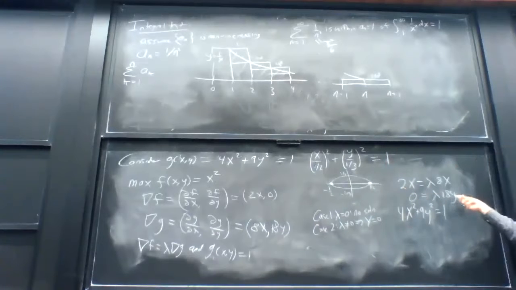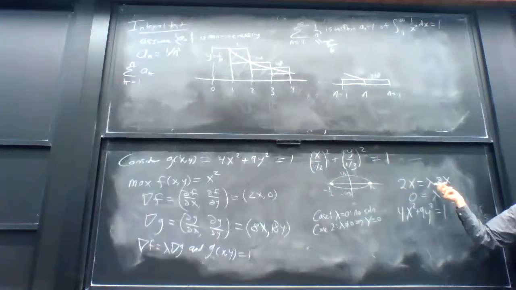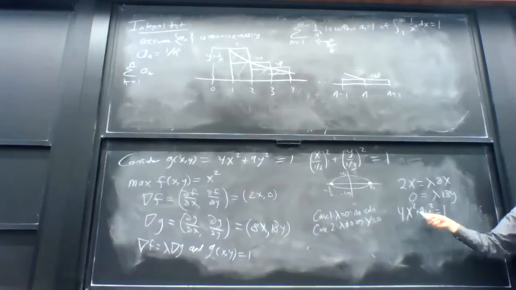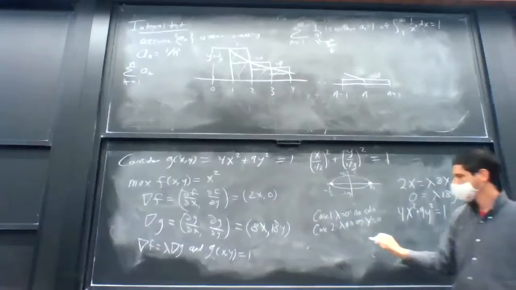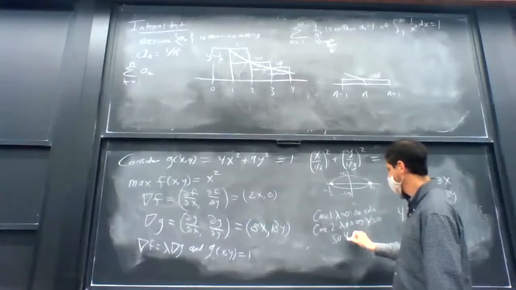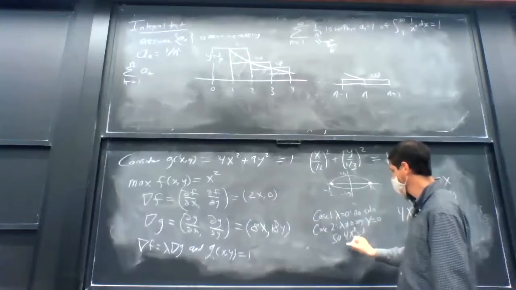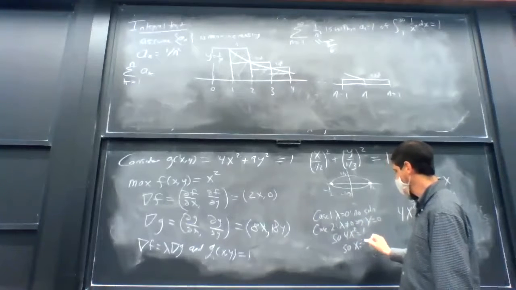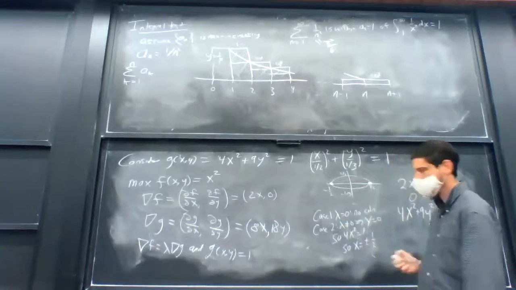So if y equals 0, lambda is just going to be 1/4, right? Because the x can't be 0, because if x is 0, there's no solution. But we don't really care what lambda is. We know that once y equals 0, 4x squared equals 1. So x equals plus minus 1/2.